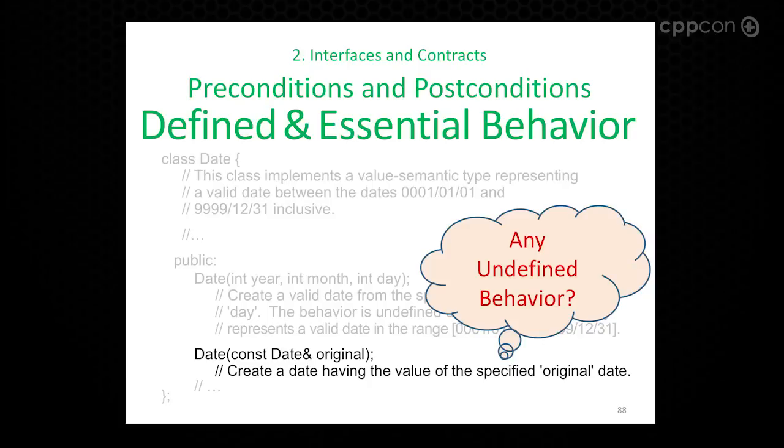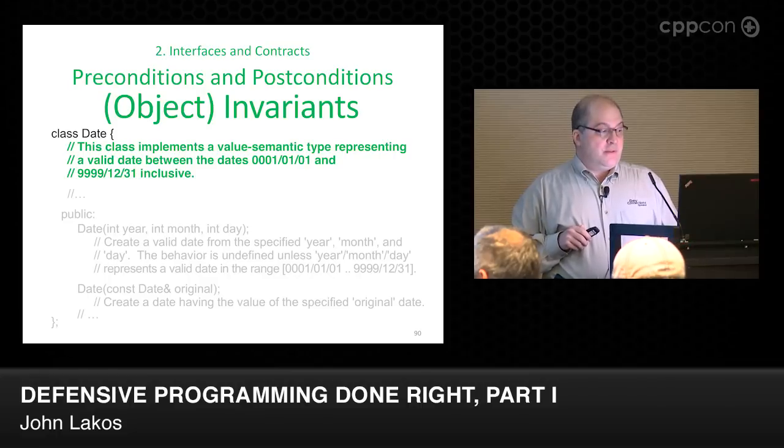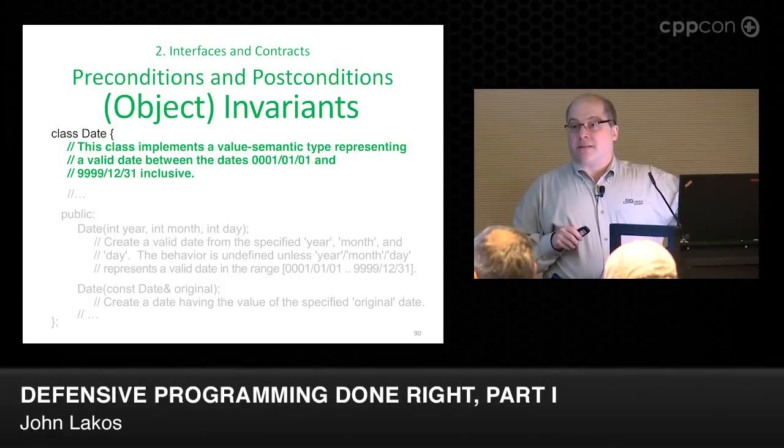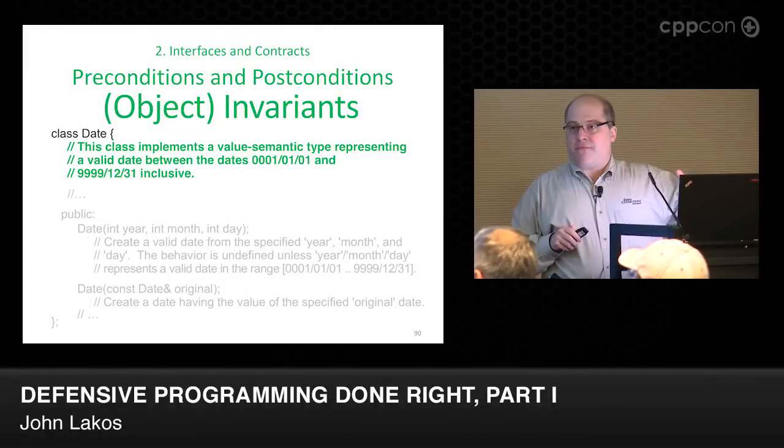Okay. Well, what about this up here? This class implements a value semantic type representing a valid date between the dates 111 and 9991231 inclusive. That's an invariant of the class. Okay, so how would we violate that invariant?